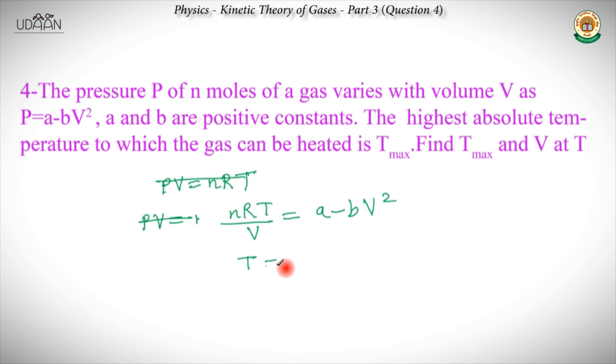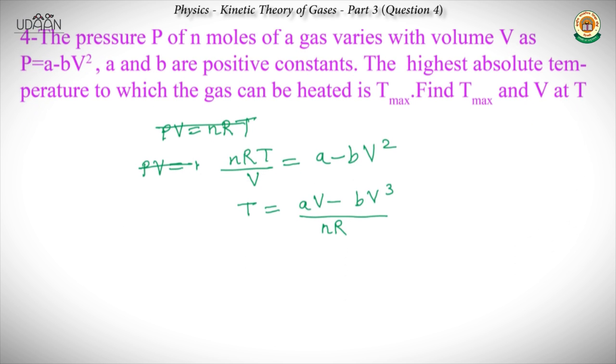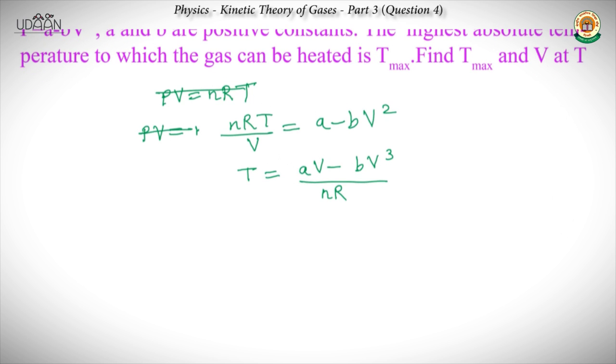So T comes out to be AV minus BV cube, divided by nR. So we have found T as a function of V. So now we can use the concept of maxima minima to basically find what is the Tmax and at what V we can get Tmax. So let's see how we do that.